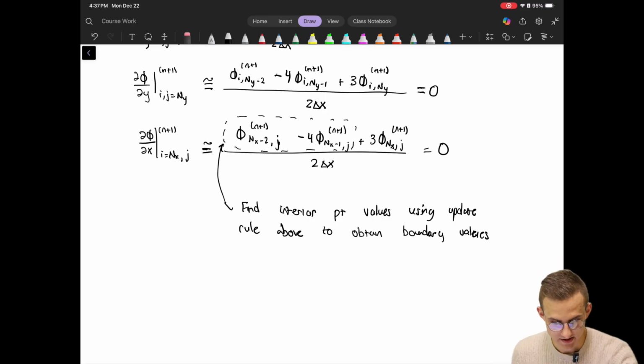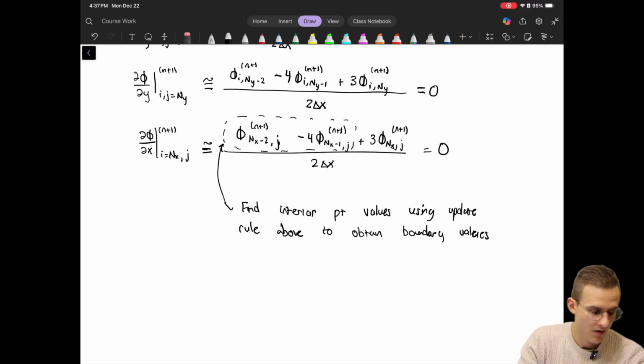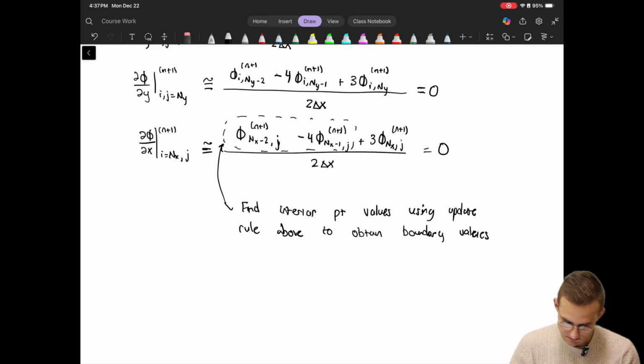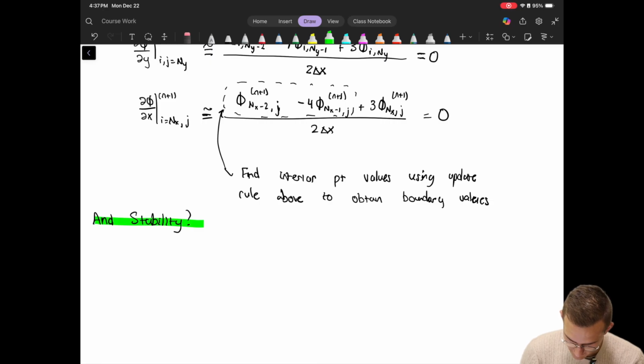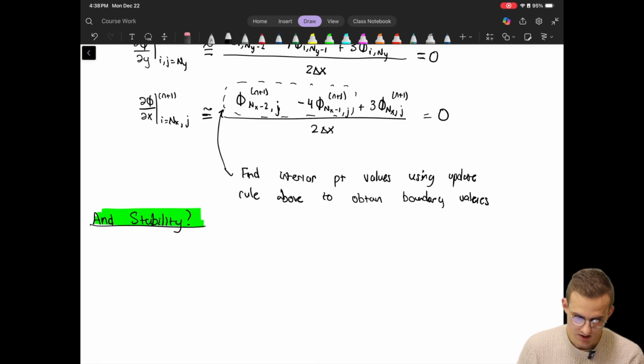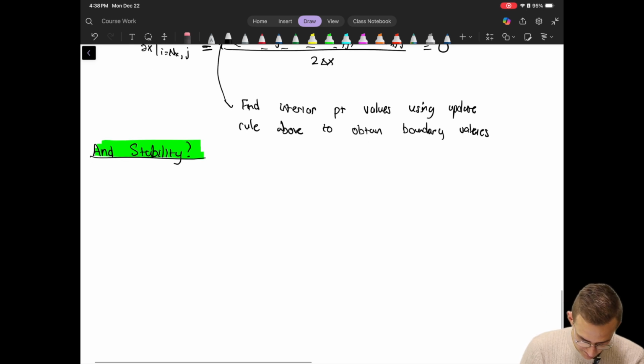For now, I want to talk a little bit about stability in this higher dimensional context. So we still use modified wave number analysis.